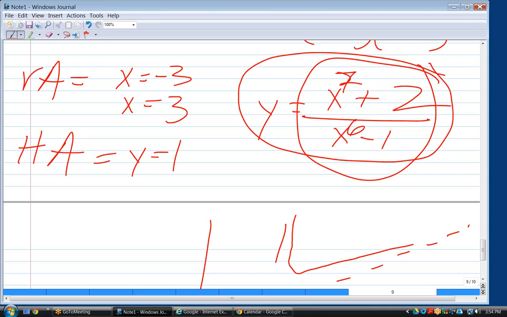And the equation of the oblique asymptote is that linear function. You can throw away the remainder. It doesn't affect anything. But whatever the linear factor is, when you do this division, that's the equation of that asymptote.